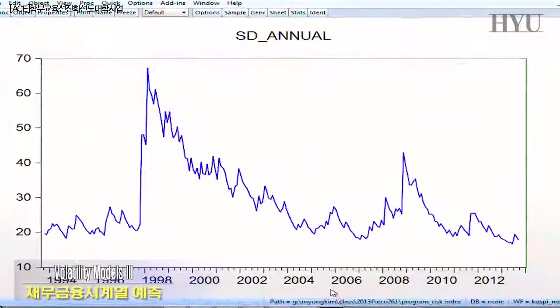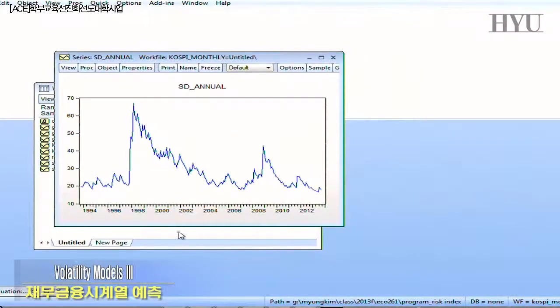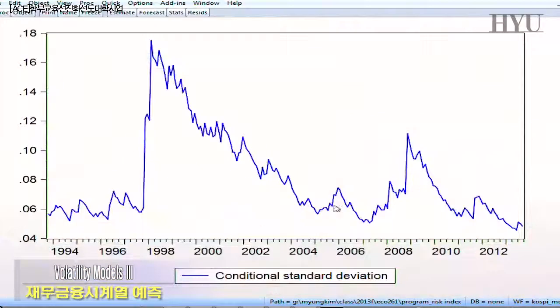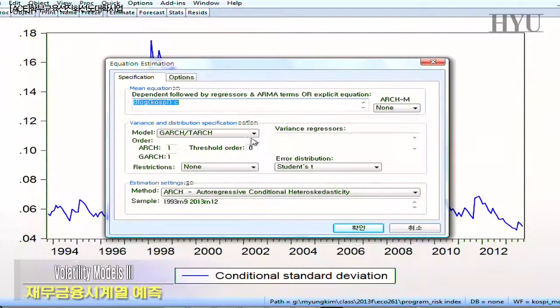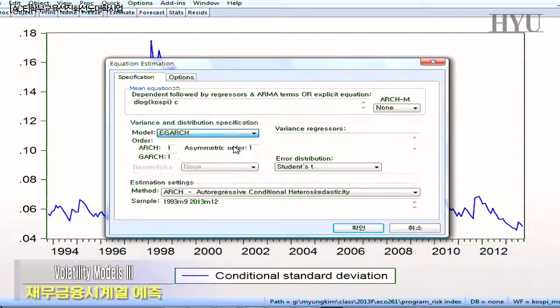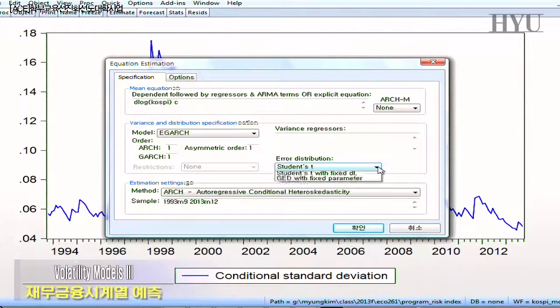Okay? And you can get this result from, let's take a look at this. If you choose model here, here's an E-Garch, right? So choose it. And let's put it back, the original one. So hopefully you can read this one.